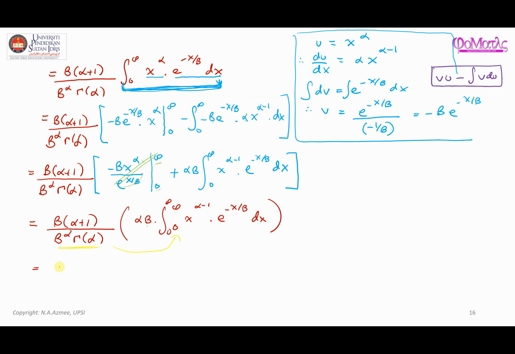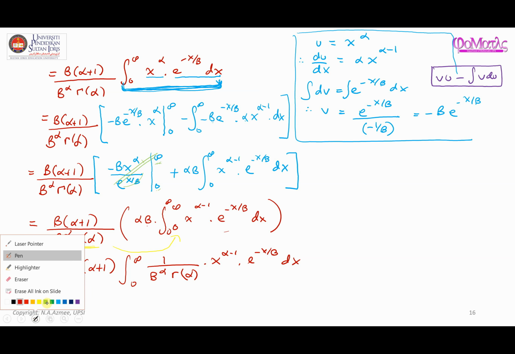So here we have alpha beta squared. And then this guy here will be taken back inside this integral. So I have the integral from 0 to infinity of 1 over beta to the alpha gamma of alpha. Okay, so this is what we have.